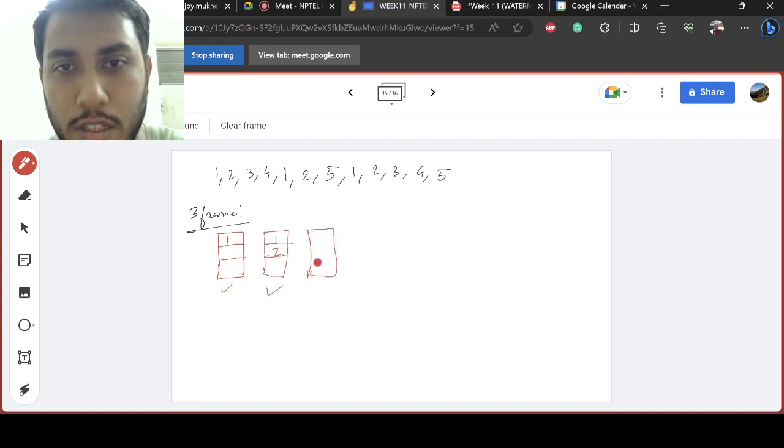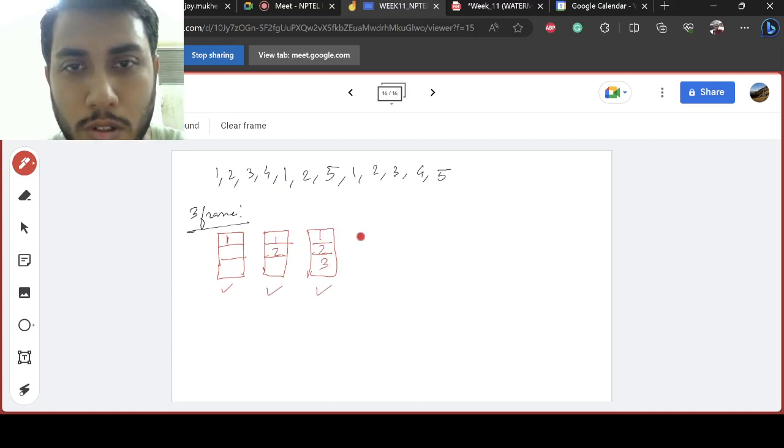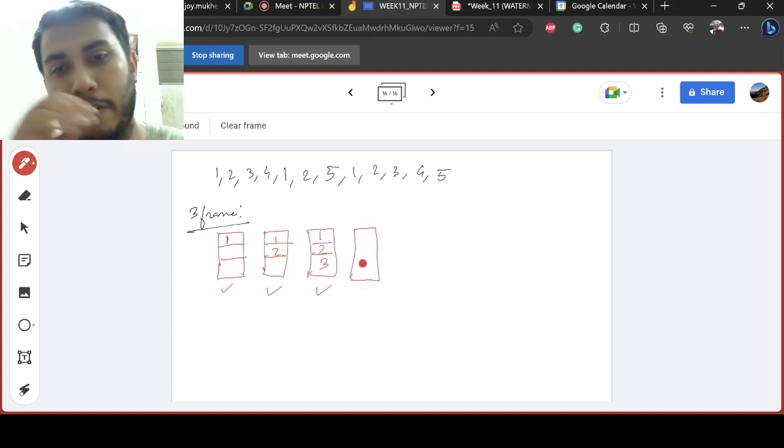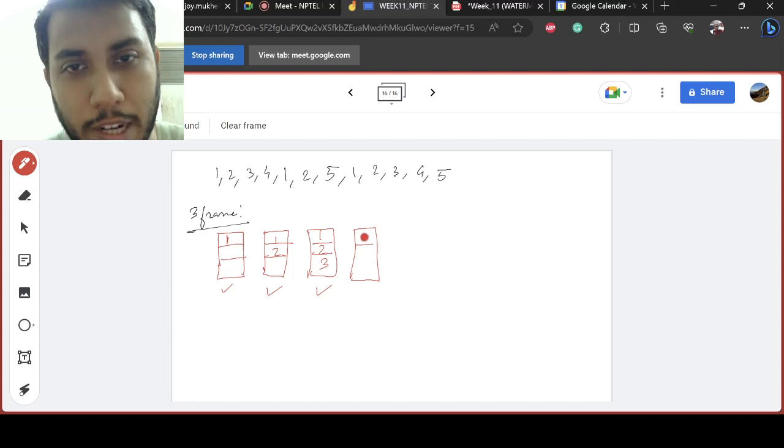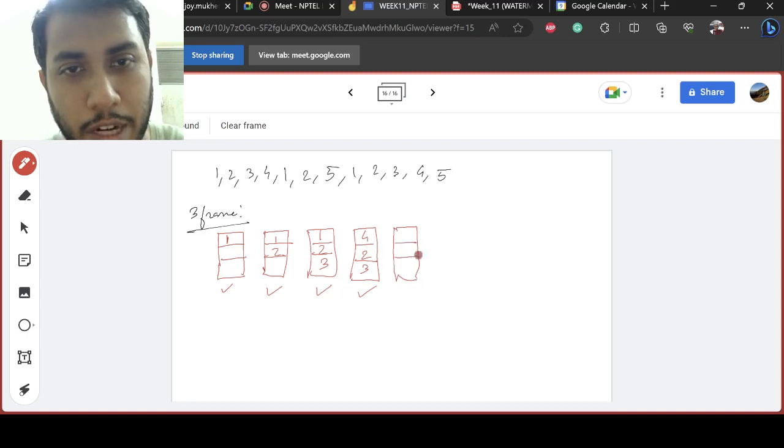Then 3, page fault, so we have 1, 2, 3. Then 4. This is FIFO, first in first out, so the oldest will be evicted. 4, 2, 3. Then you request 1. Again a page fault, 2 will be evicted. 4, 1, 3.